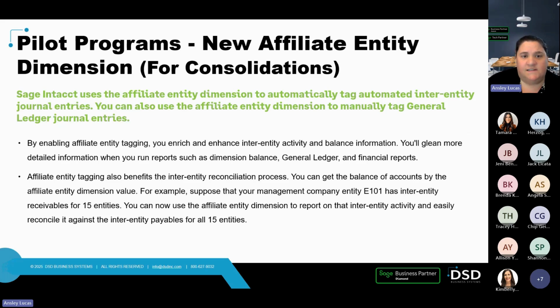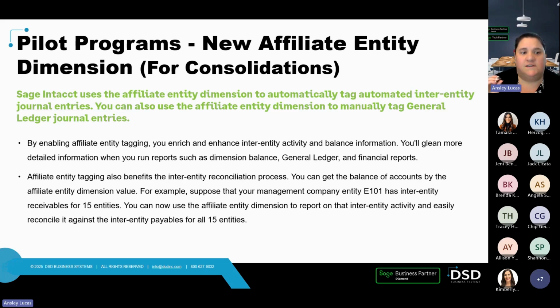The next one is the new affiliate entity dimension, which is specifically for consolidation. This is for anybody who is currently subscribed to and using consolidations in Intacct. Basically, in this pilot program, they're testing the affiliate entity, and it will automatically tag automated inter-entity journal entries.